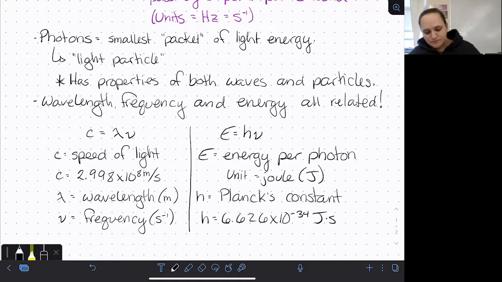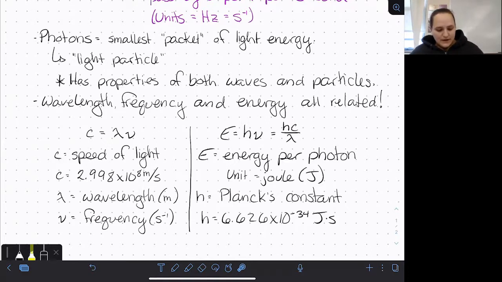You'll also sometimes see these two equations squashed together, so you can relate energy directly to wavelength as well. If you solve this for frequency and sub it in over here, this is what you get. You can use those relationships together to relate all three of these different variables however you need.